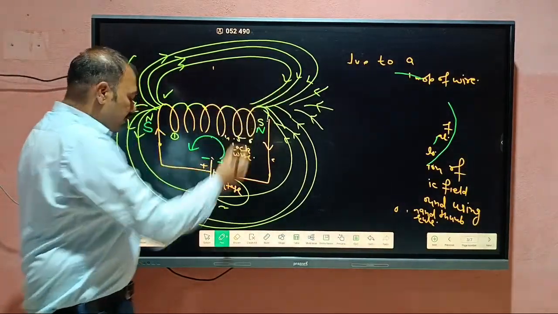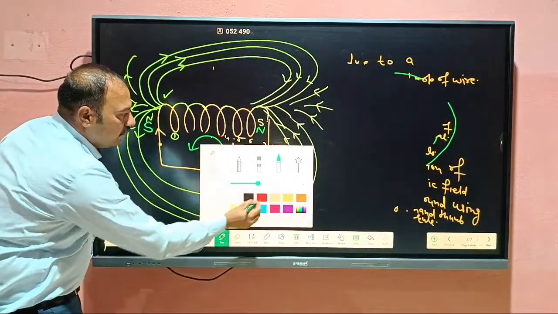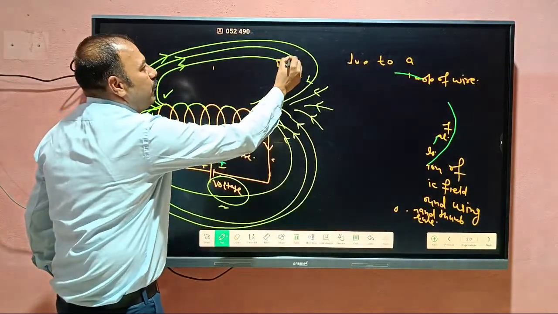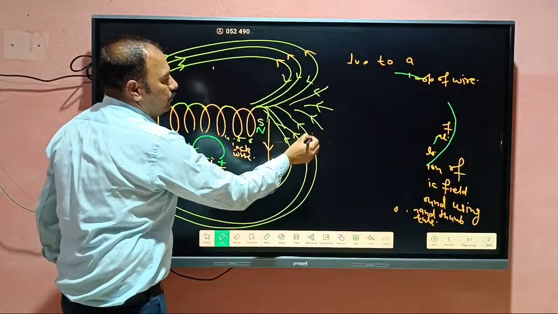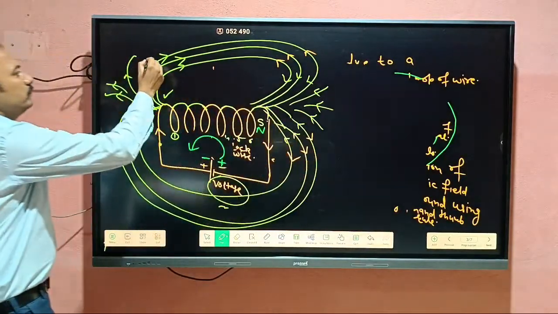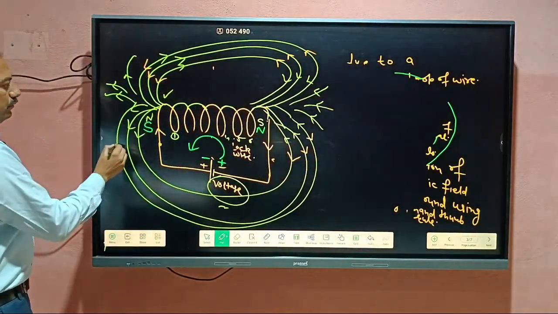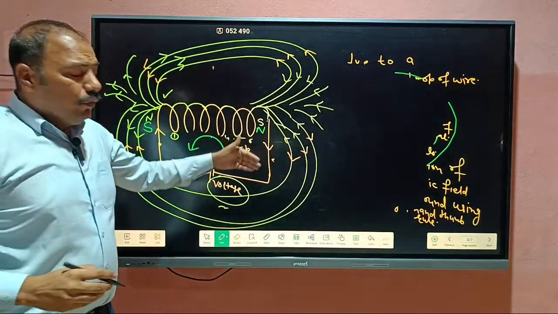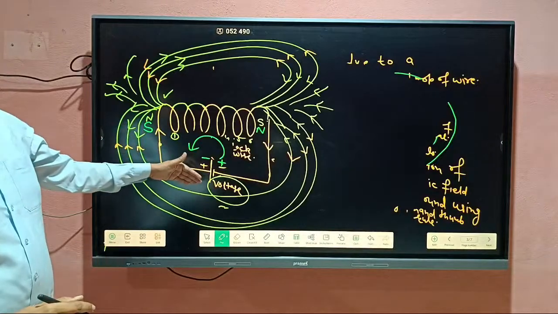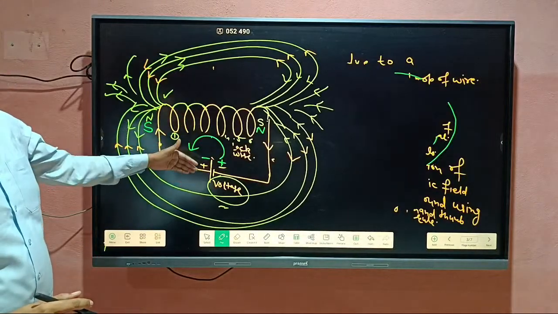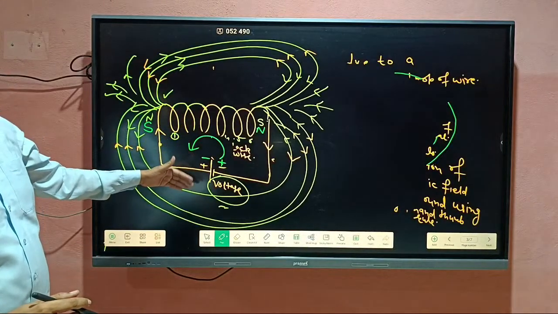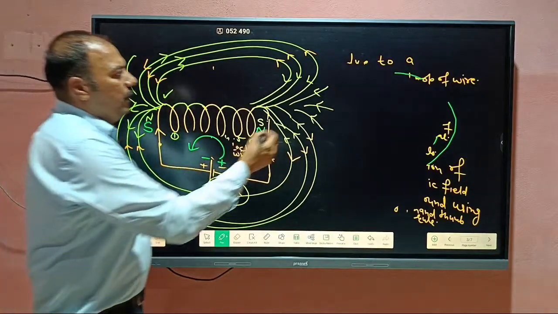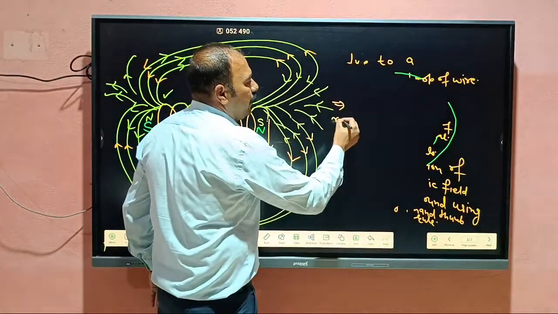So the polarity has changed, and the direction is reversed like this. So the polarity of the north pole and south pole depends upon the terminals of the voltage, or the polarity of the voltage.